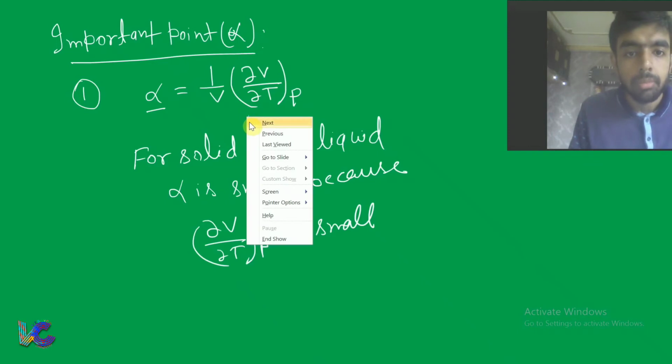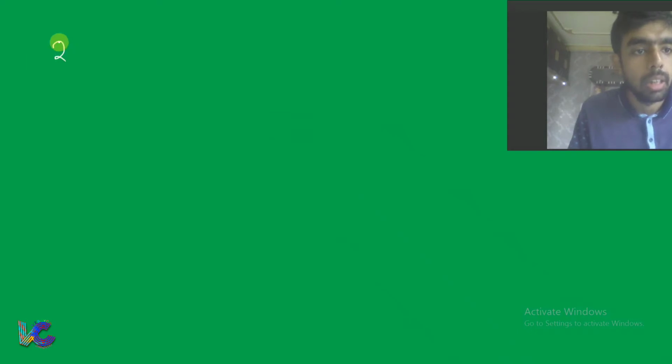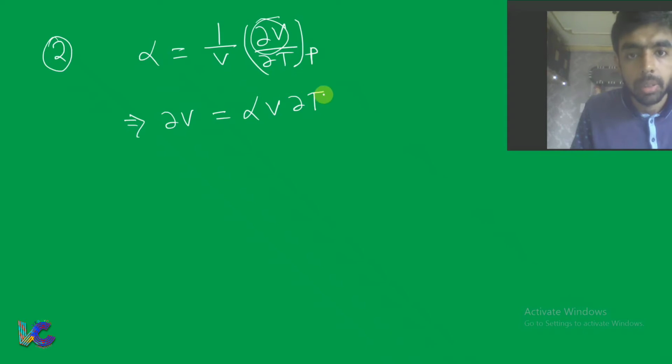Fine. Okay. Now the next important point regarding alpha: you can write alpha is equal to 1 by V del V del T at constant P. Fine. So if you write from here, del V will be alpha V del T. This is at constant pressure, meaning isobaric condition. Now if you can recall the IUPAC nomenclature of work, then work is minus P dV.